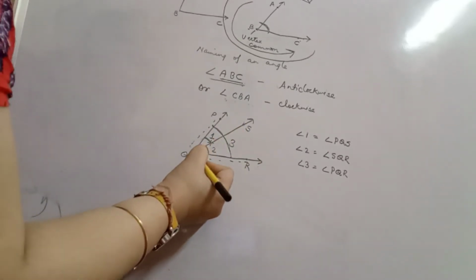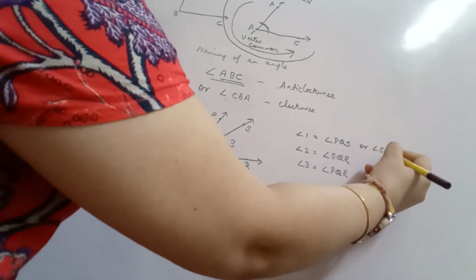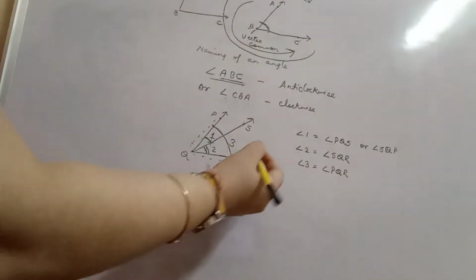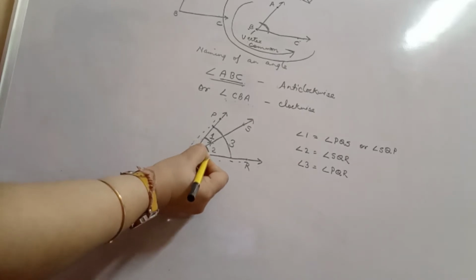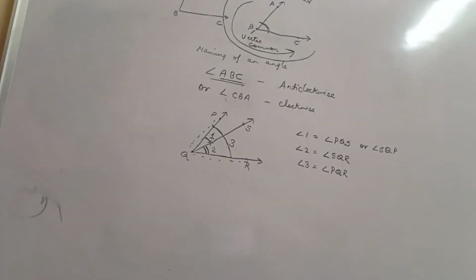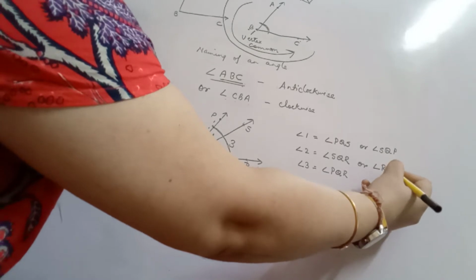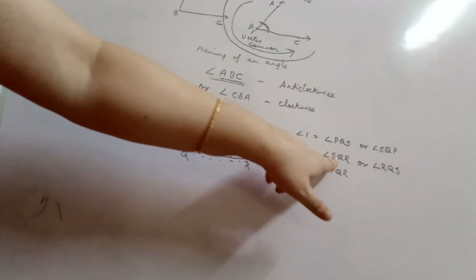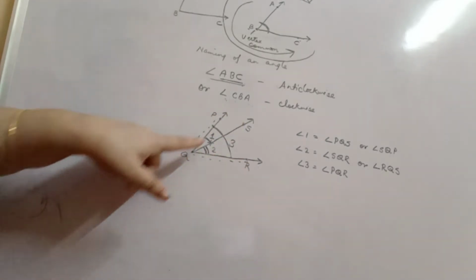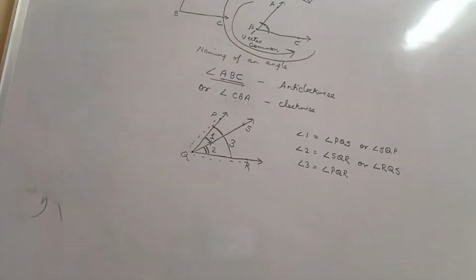I am starting from SQ and going till PQ, so it would be angle SQP. For angle 2, it is SQR or angle RQS. So both are the same thing. You can either say SQR or RQS.